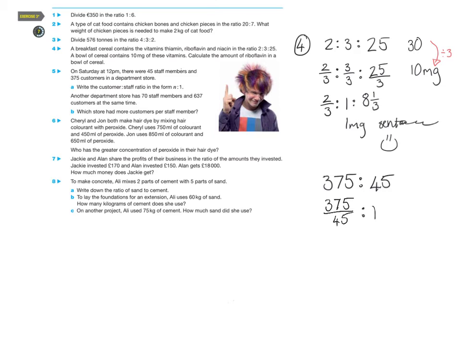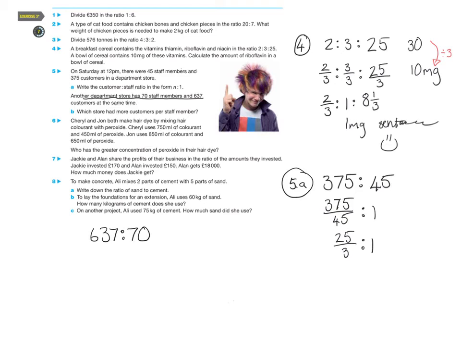The nice way of working this out quick and easily is to just use fractions immediately. And you make it 375 over 45 is to a ratio of 1, which of course means that it is 25/3 if I simplify, and that is to 1. So that's question 5A. 5B, another department store has 70 staff members and 637.